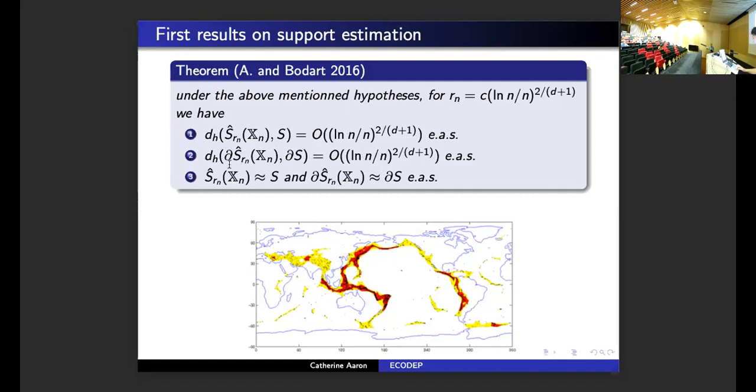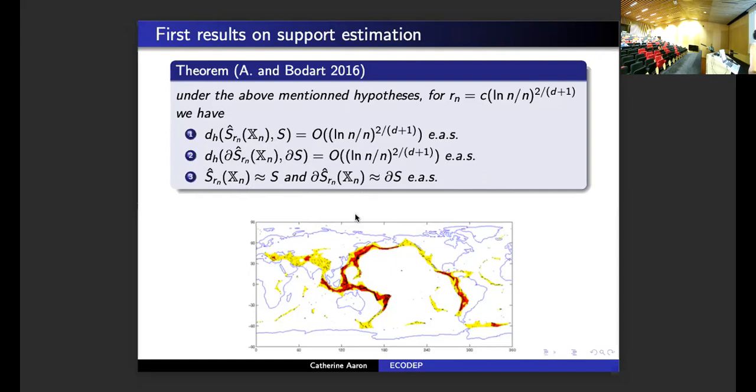We have convergence between the boundary of the support and the boundary of the estimation of the support with this order, which is also the minimax. And we even had a result saying that eventually, almost surely, we had homeomorphism between the support and its estimation and the boundary and its estimation.